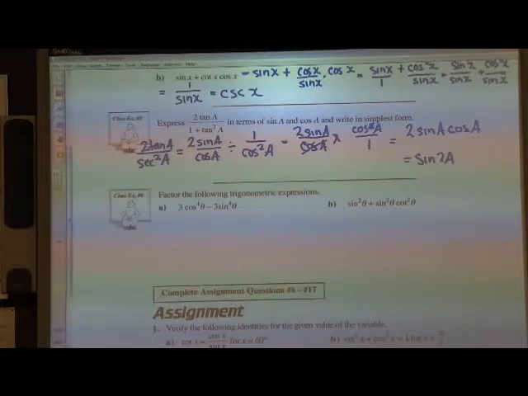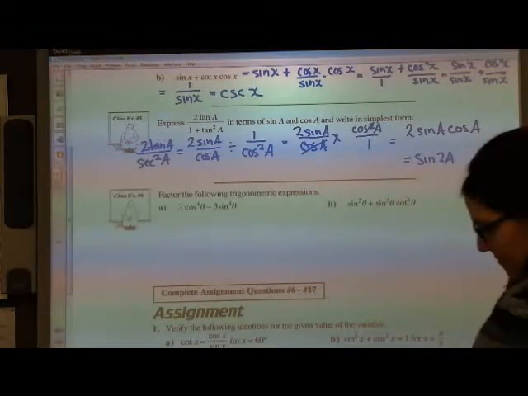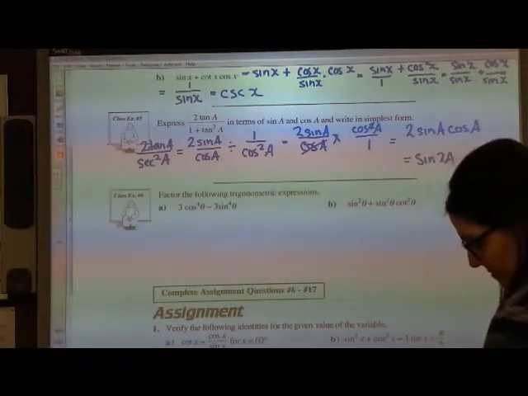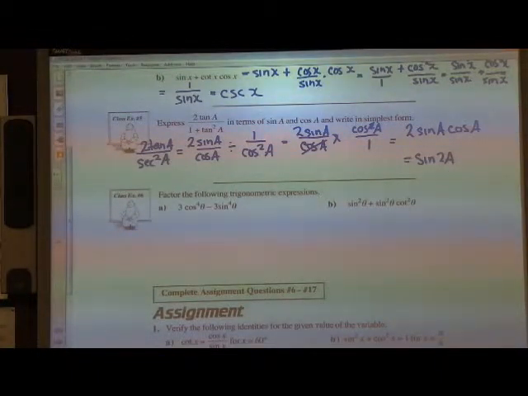3 cos to the power of 4 theta, minus 3 sine to the power of 4 theta. What could I do first? One thing that you notice.